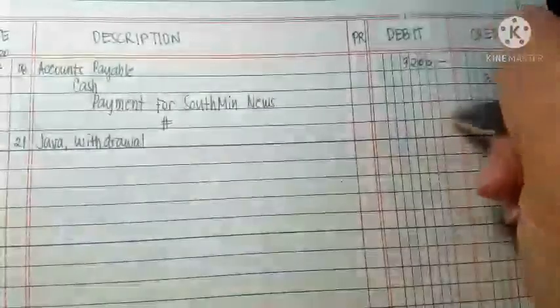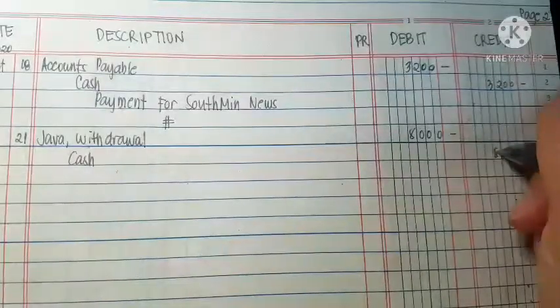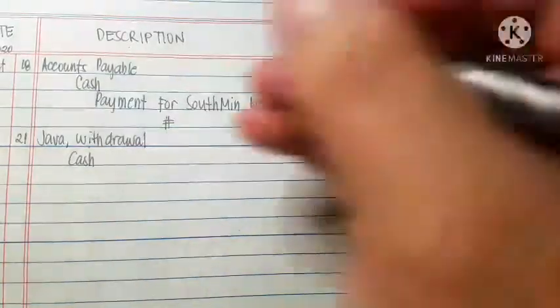So, October 21, we debit Java withdrawals for 8,000, and we credit cash for 8,000. Explanation: withdrawals of owner.